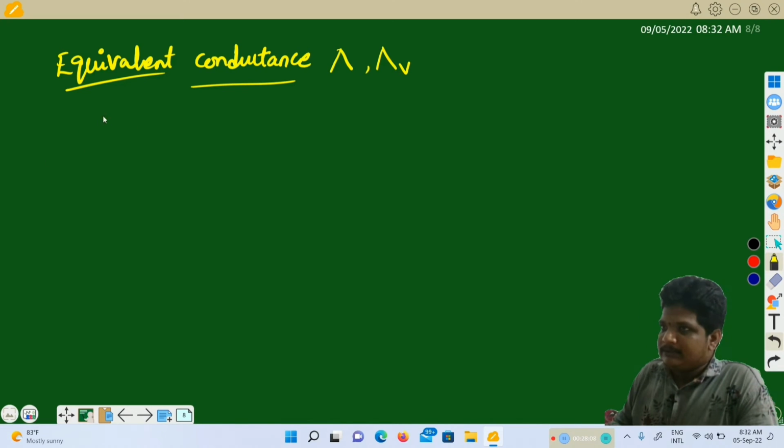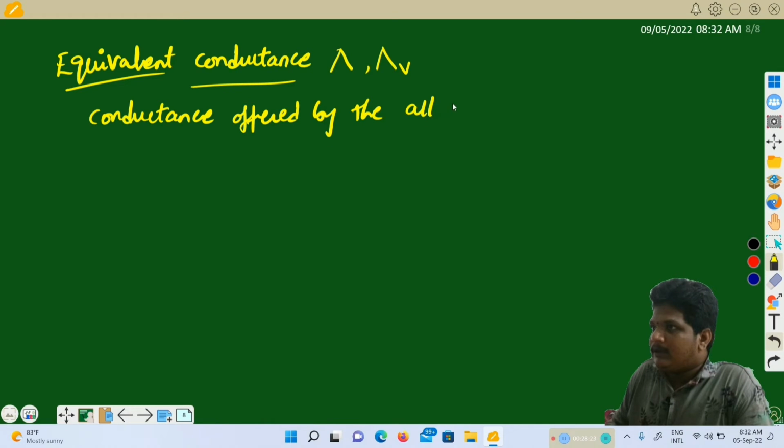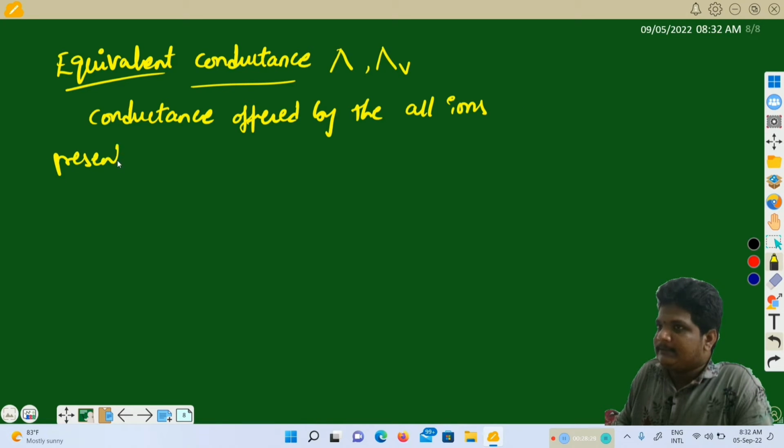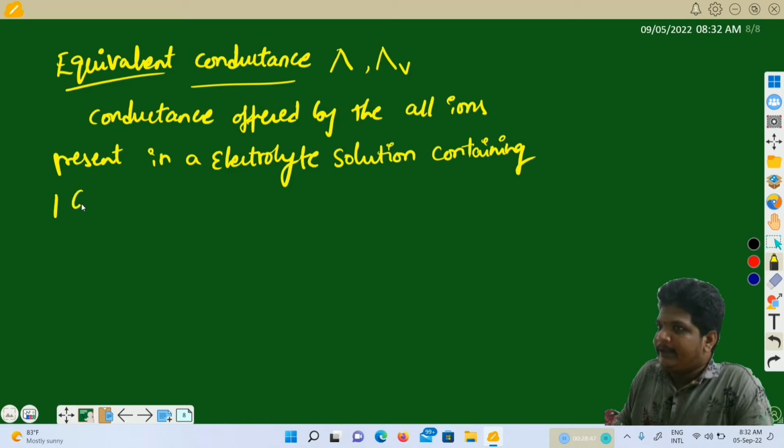So here the equivalent conductance is the conductance offered by all ions present in an electrolyte solution containing 1 gram equivalent electrolyte.